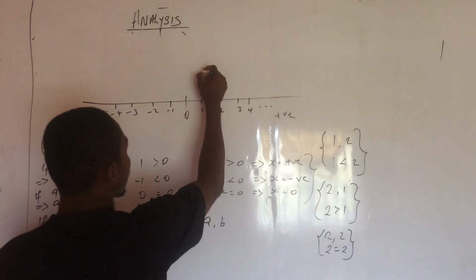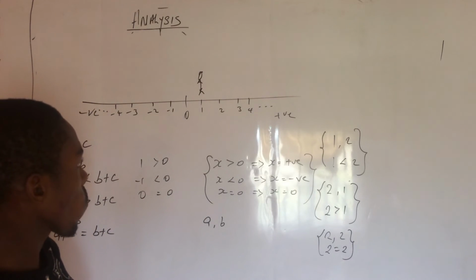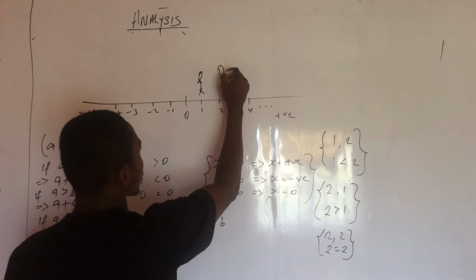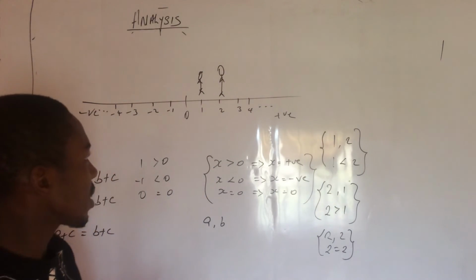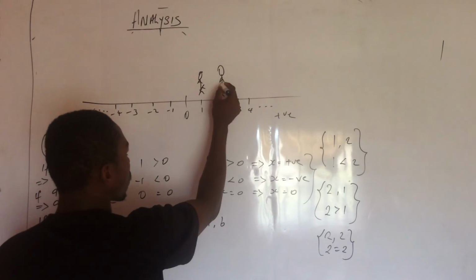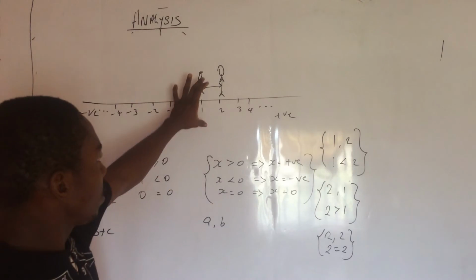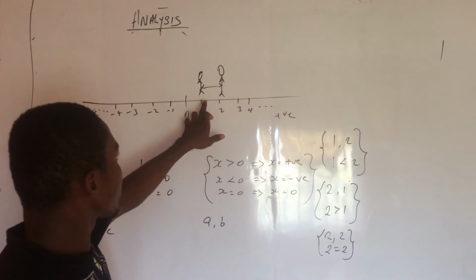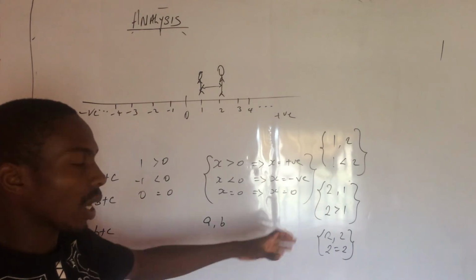If I am standing here, and the other person is standing here, there is a relative distance between the two of us. You see that? And that relative distance is what we are checking with this.